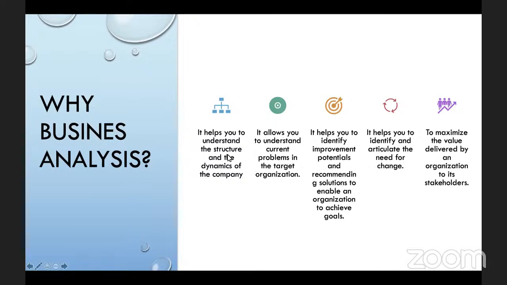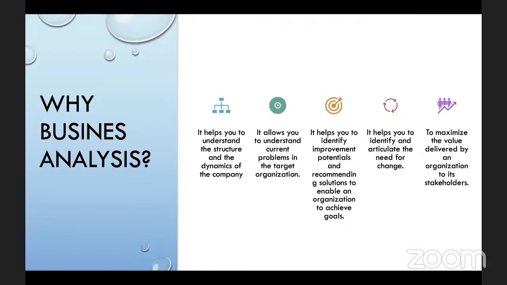Okay, so it allows you to understand current problems in the target organization, right? So that's very important as well. As you work with stakeholders, subject matter experts, and certain individuals, you begin to understand, okay, so this is the problem. And guys, keep in mind, we have something we call gap analysis.